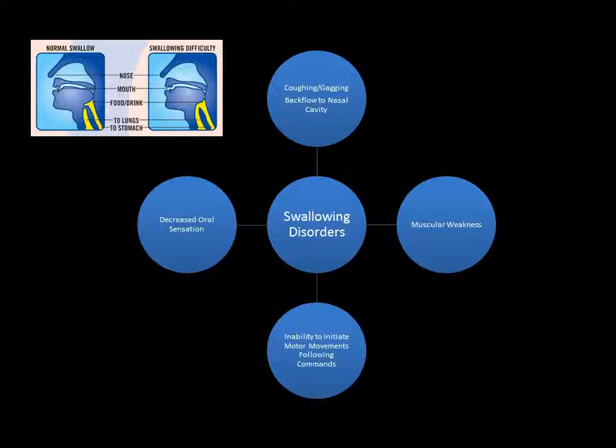Patients may have trouble chewing or breaking the bolus apart. Certain textures or consistencies may be hard for certain patients. There can be coughing or gagging during the pharyngeal phase if they're not able to form an appropriate bolus.